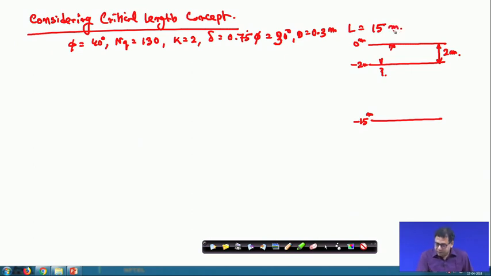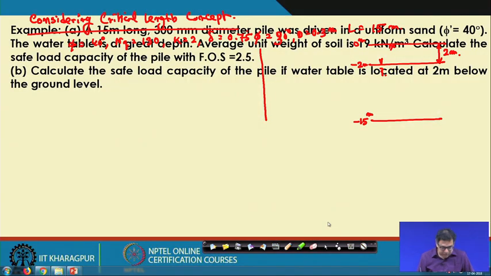Now, as I am considering the critical length concept, let us first see what the critical length is for this type of problem.